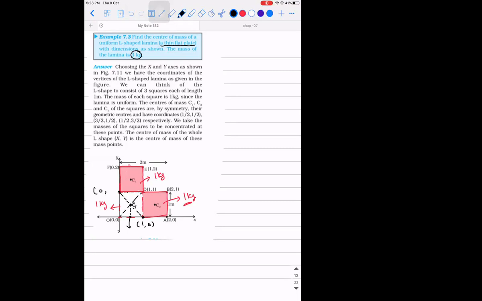Similarly, if I take this point as 0, 1, what will be the coordinate? 0.5, 0.5.